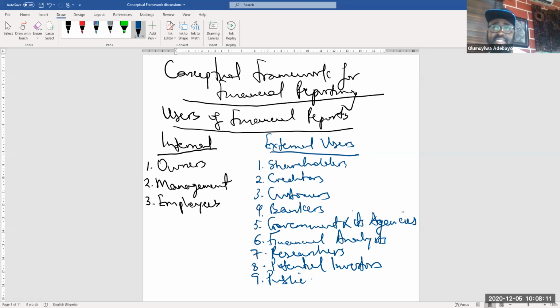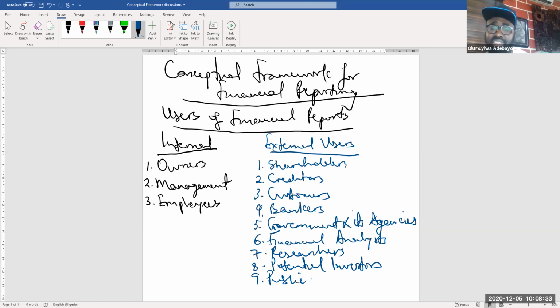Shareholders are interested in profitability, returns, and the sustainability of the business. Creditors are interested in the ability of the company to pay back on their purchases on credit. Customers are interested in the ability of the company to continue to survive and be able to deliver good products and services.